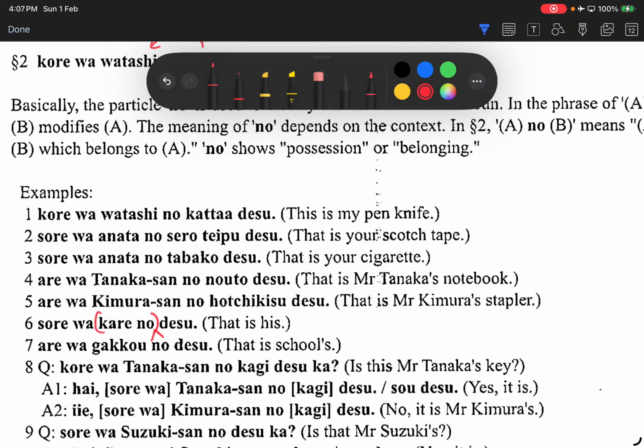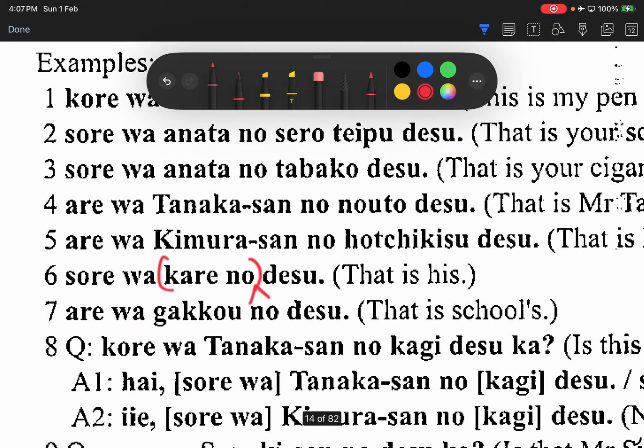So that one is his. Right? So we can use this no particle without the object at the back. We can just say 彼の、私の、あなたの, right? To mean like 我的、你的、他的. We don't need to say what item. Like, 哦，这个是我的，那个是他的.